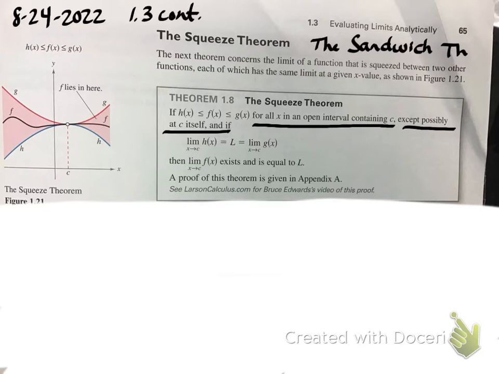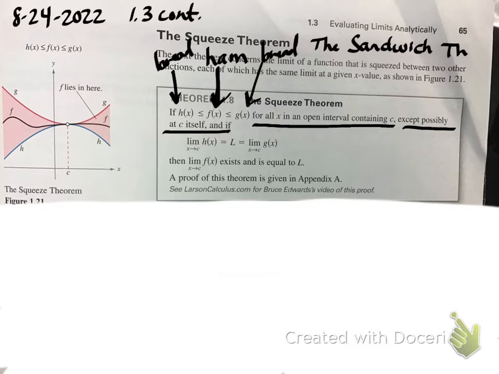So if the limit of h is equal to L and so is the limit of g, then the limit of f, remember f is the one in the middle, also equals L. The f is like the ham in the middle of the two pieces of bread. So it's the sandwich theorem, or the squeeze theorem.